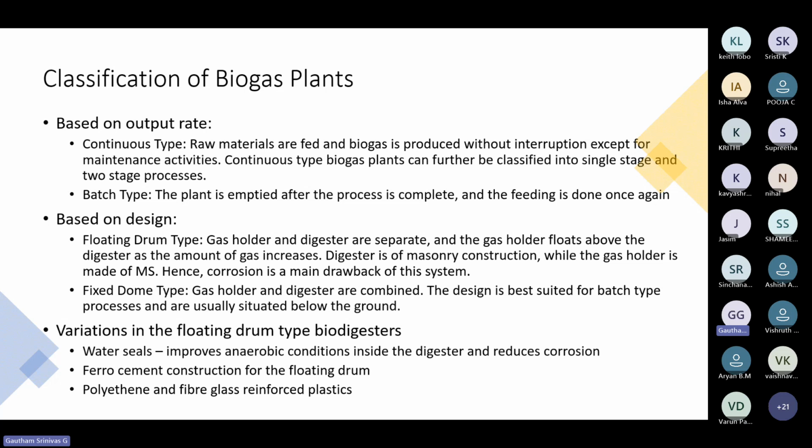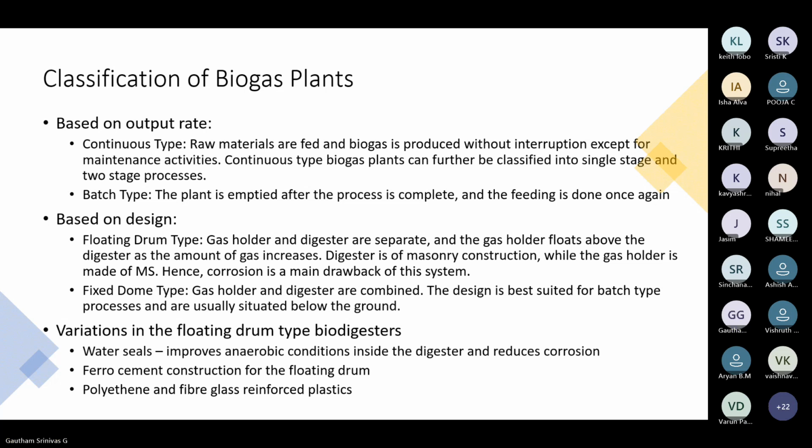Batch type is where the process is happening for days on end. So you have one input and then one output. Then you clean the tank, the biodigester, and repeat this process. So maybe you have it for 40 or 50 days. At the end of 50 days, you take out the gas, you take out the sludge, you clean the tank, and then you put the biomass in again.